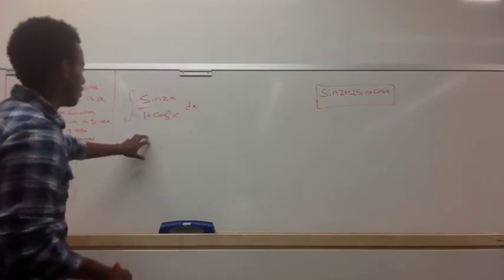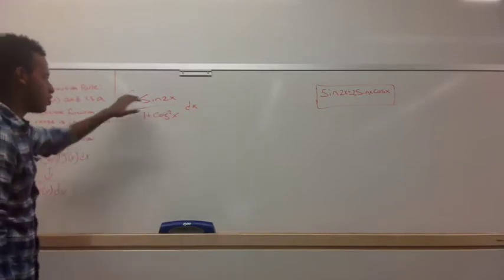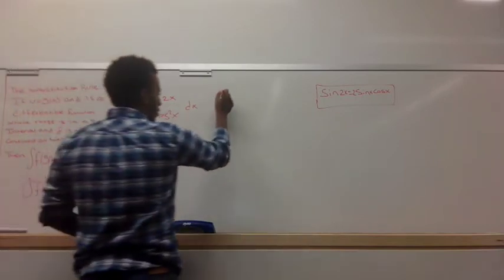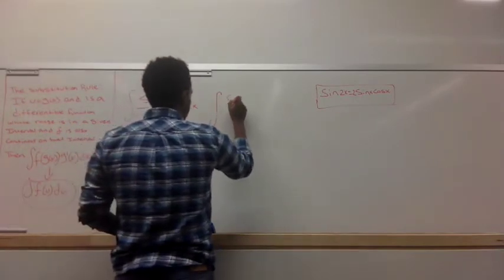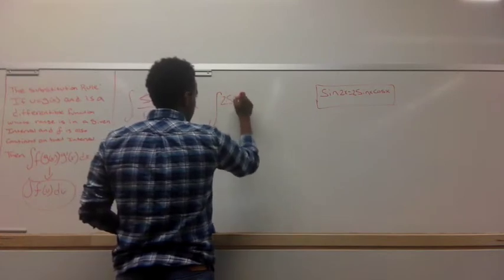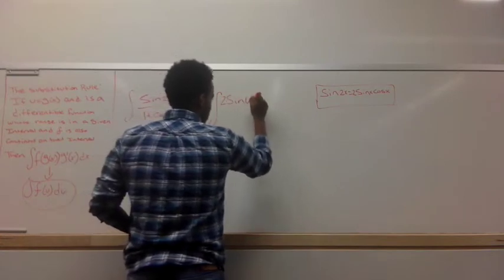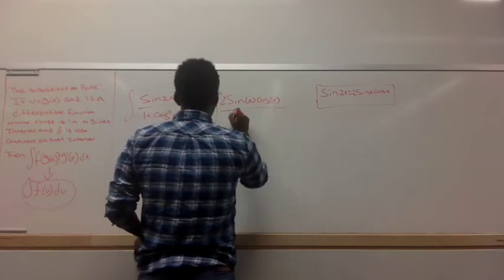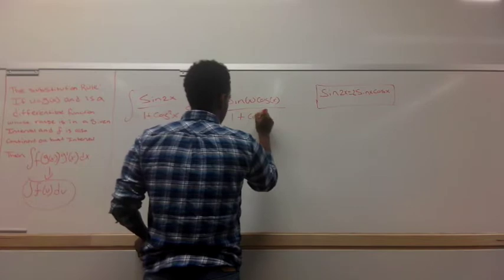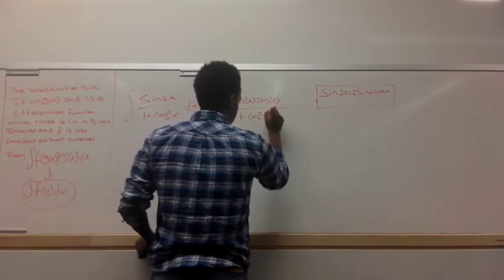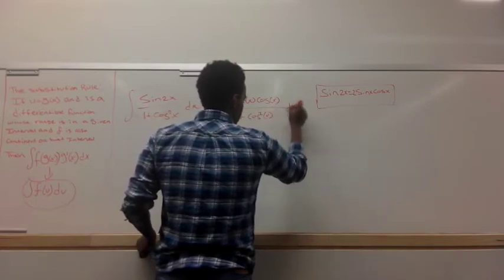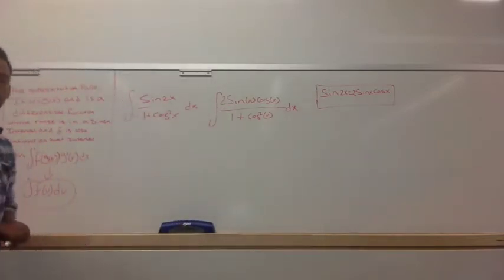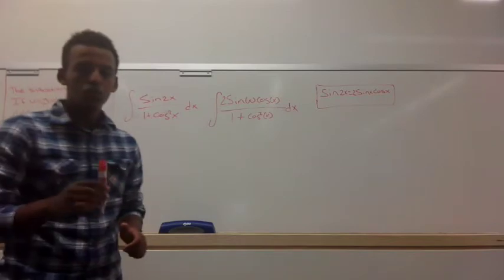To do this, first we rewrite this integral using a trig identity, which I have written out over there, as the integral of 2 sine of x cosine of x all over 1 plus cosine squared of x dx. From here, we do a u substitution.